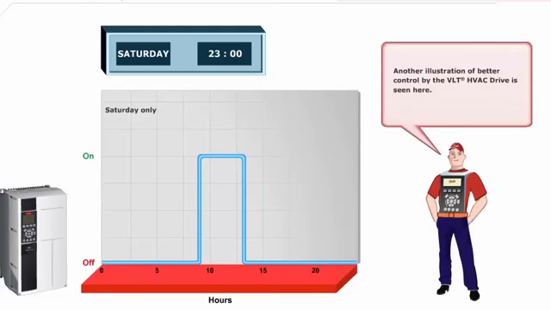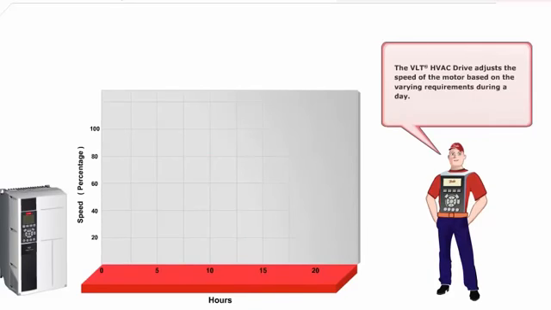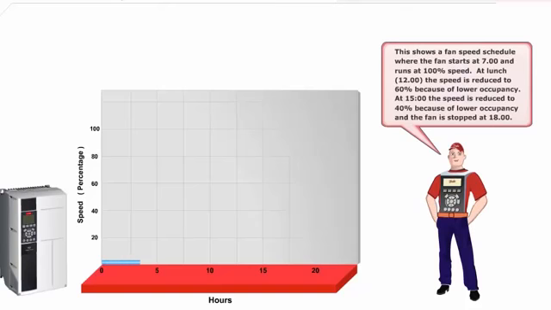Another illustration of better control by the VLT HVAC drive is seen here. The VLT HVAC drive adjusts the speed of the motor based on the varying requirements during the day. This shows a fan speed schedule, where the fan starts at 7 and runs at 100% speed.